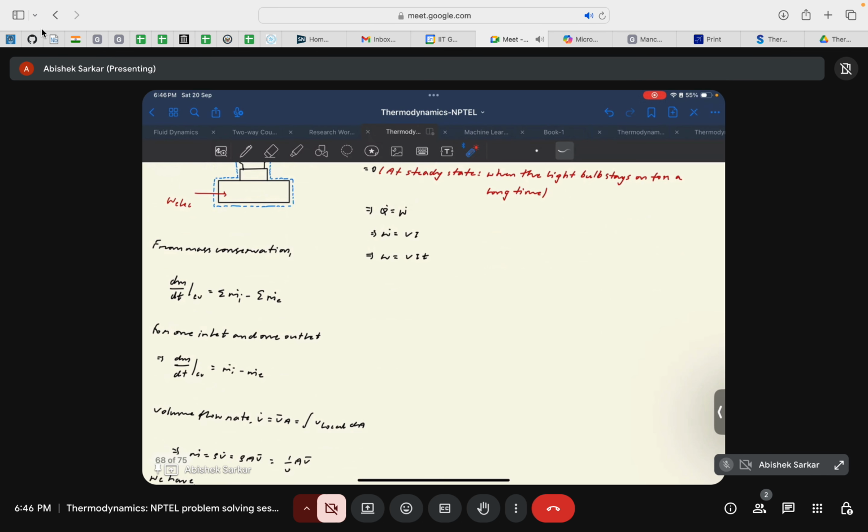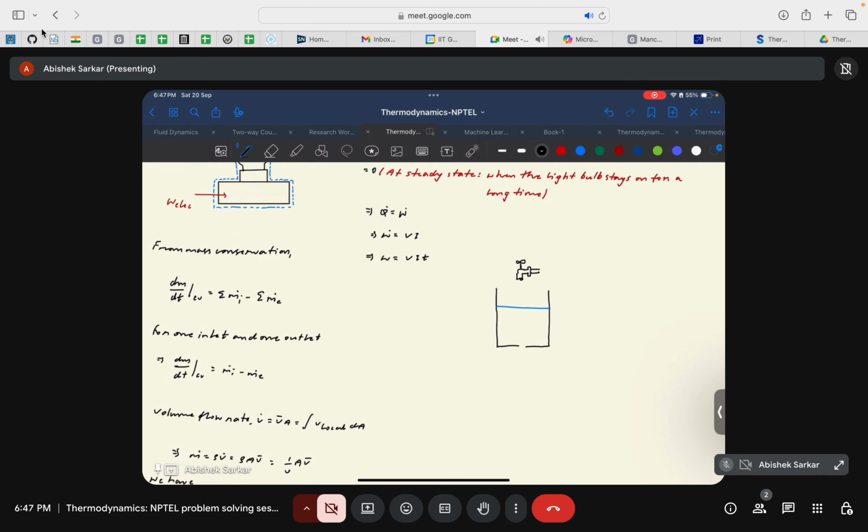Let me give you one example. For example, if there is a bucket with a certain level of liquid inside it, and a tap is turned on, and water is being poured through the tap inside this bucket.